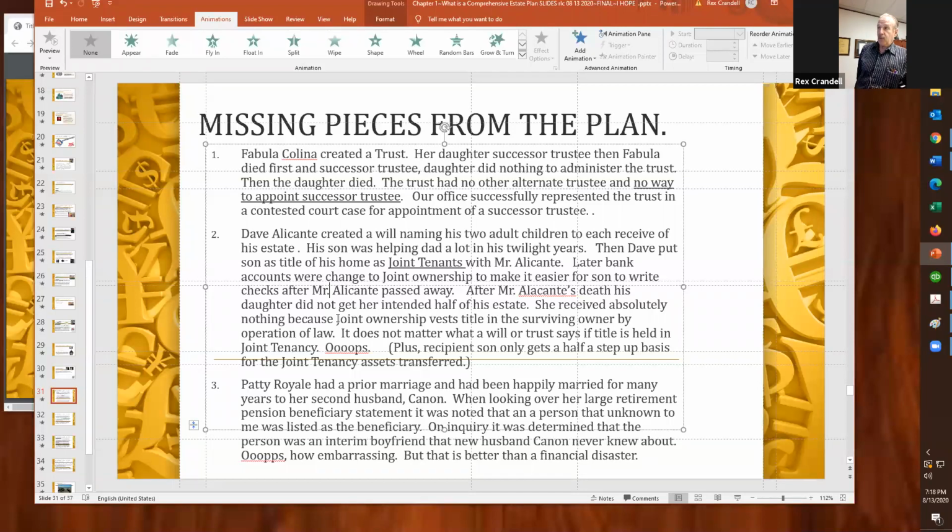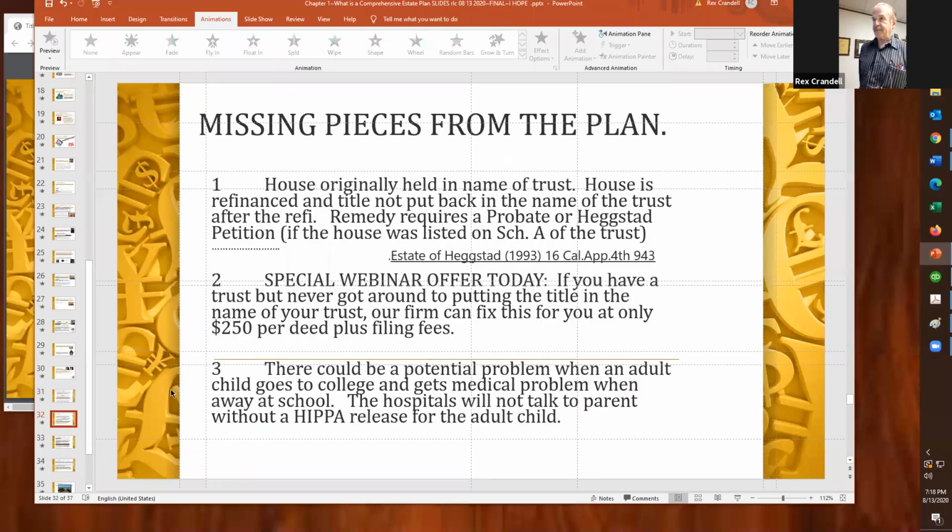And the will or trust absolutely said they're supposed to split everything between the 2 children. When he died, nothing went to the daughter. She was completely excluded because joint tenancy transfers, they call by operation of law, are automatic. So that was a huge mistake, especially for the daughter.